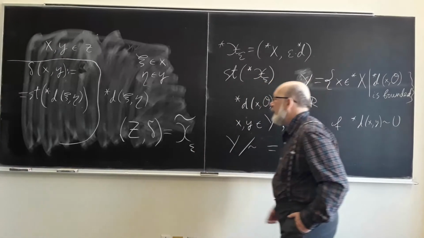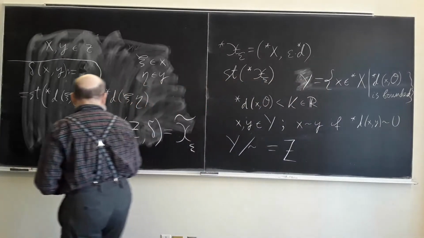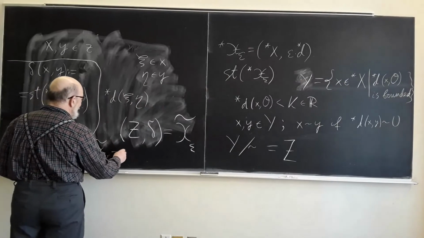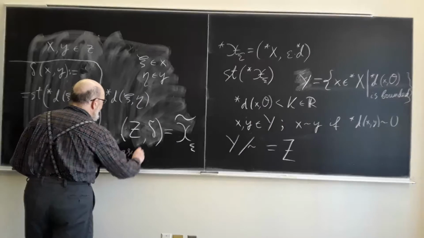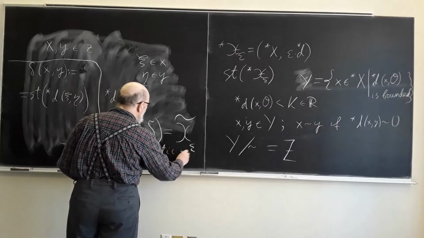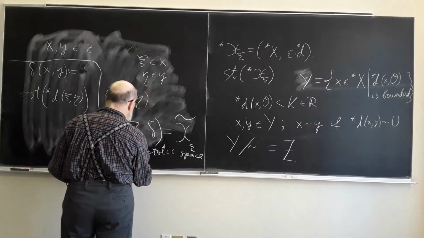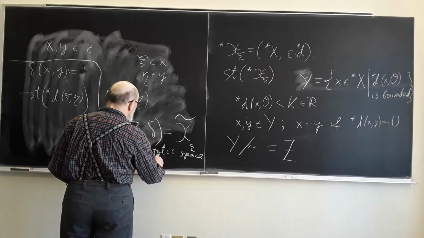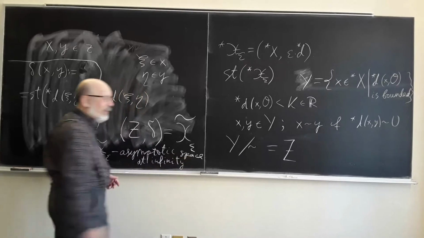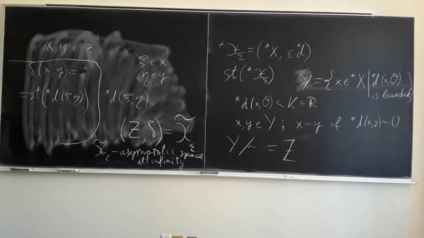It is a new space. So X epsilon twiddle is the asymptotic space at infinity.